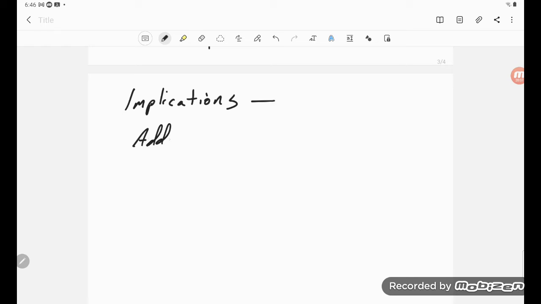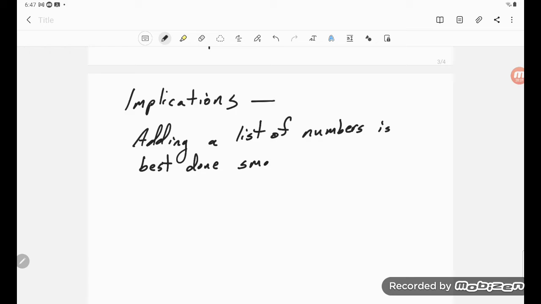suppose I'm going to add a list of numbers. Well, adding a list of numbers is best done smallest to biggest.